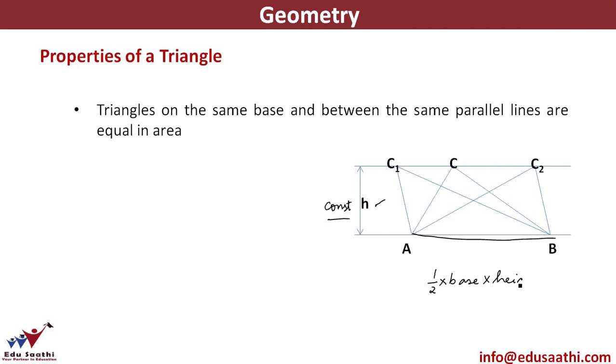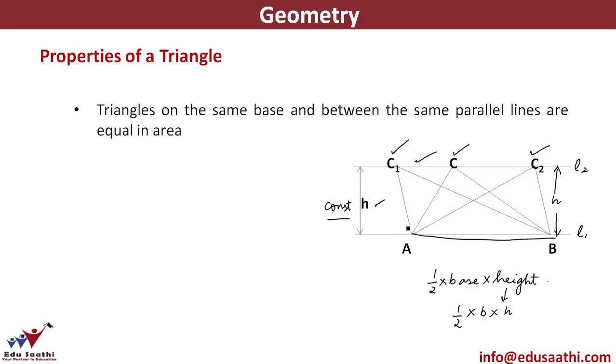Now if you look at it, the triangles are formed between the same set of parallel lines. So between AB and the other line that you have, let me call them L1 and L2, between L1 and L2 the perpendicular distance always remains h. That means irrespective of the points that you take, it will always be h. So if your base is same, irrespective of the point that you take, the perpendicular distance will come out to be same, and therefore the area would be same.